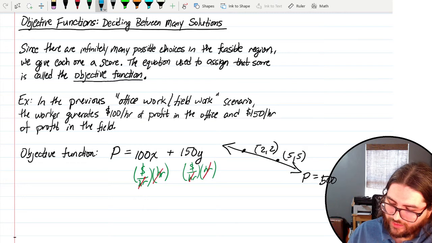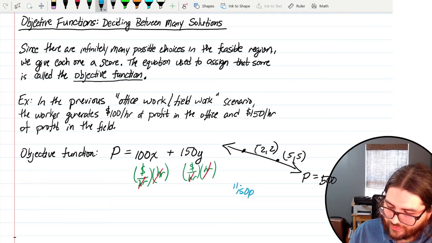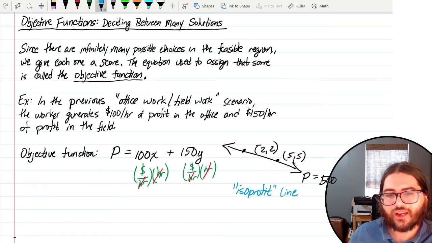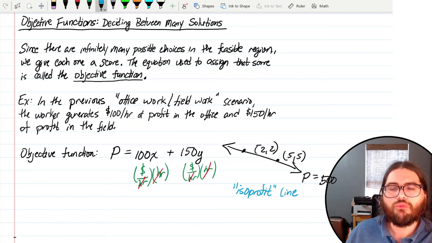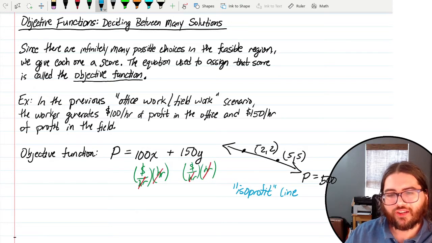The math geeks would call that an ISO profit line, but I won't require you to call it that. I will say ISO profit lines in the rest of this lecture and the rest of this video, but we won't need it too much outside the context of today, because most of the time when I say ISO profit line, I'm imagining that line anyway.